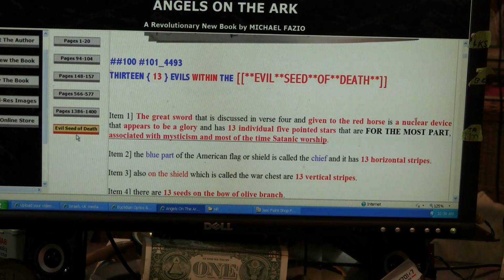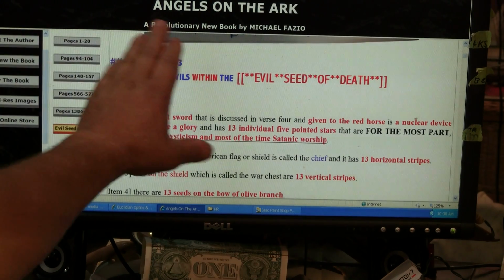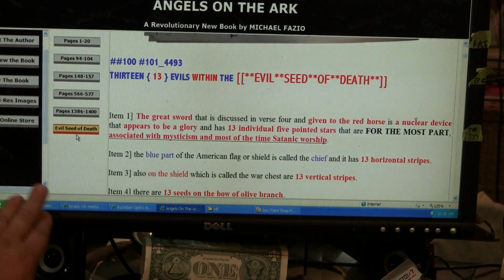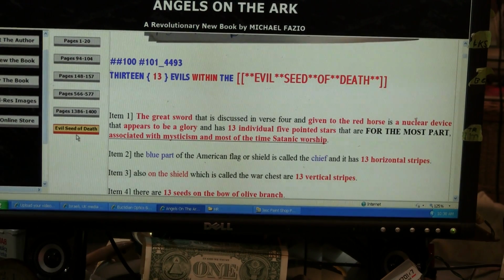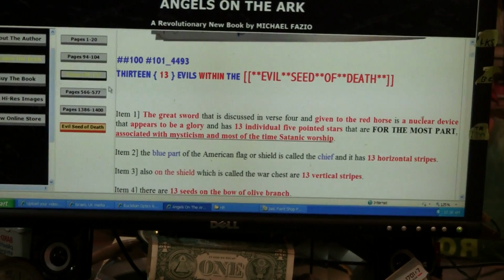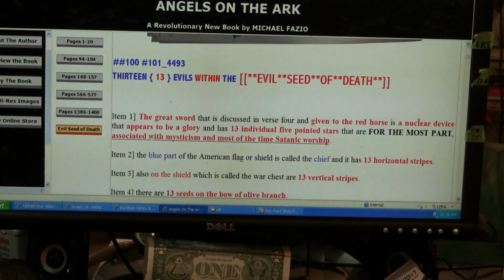So, this is a snippet of the book that you can go to again by pressing the Evil Seed of Death button. And here we go, discussing the 13 evils that exist within the evil seed of death.